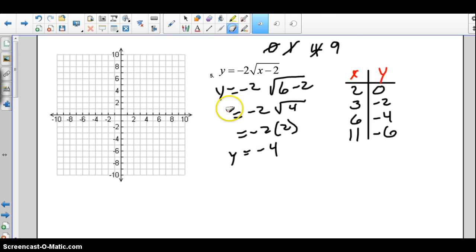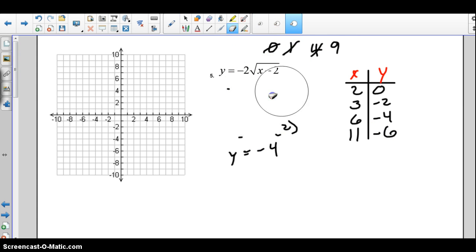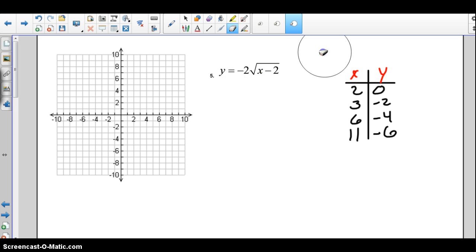So now let's go ahead and graph this. Plug in 2, 0, 3, negative 2, 6, negative 4, and 11, negative 6.